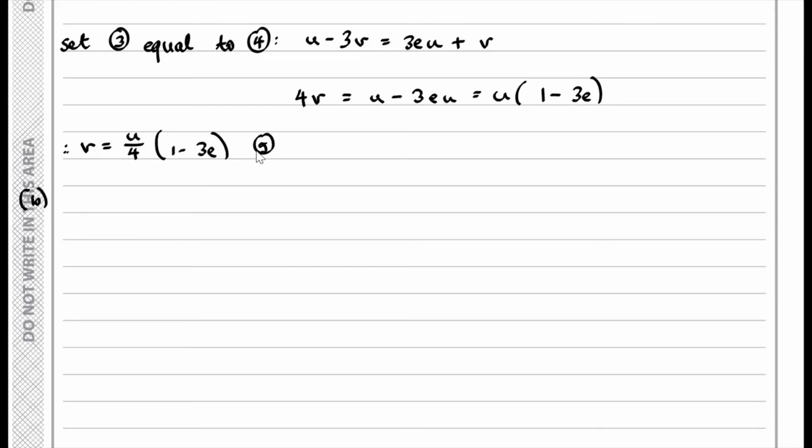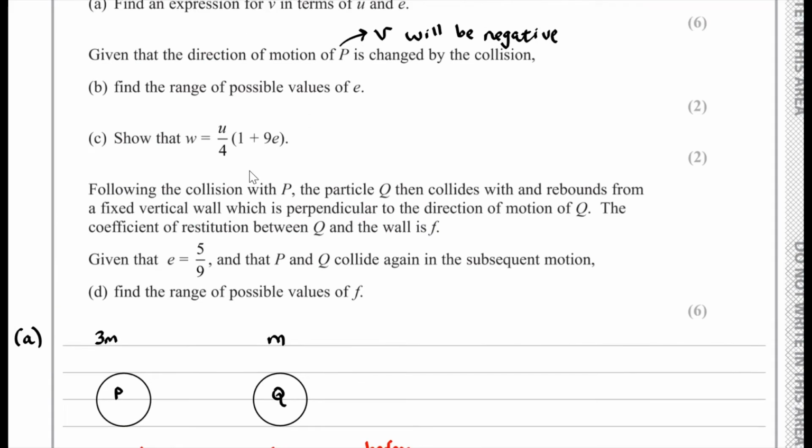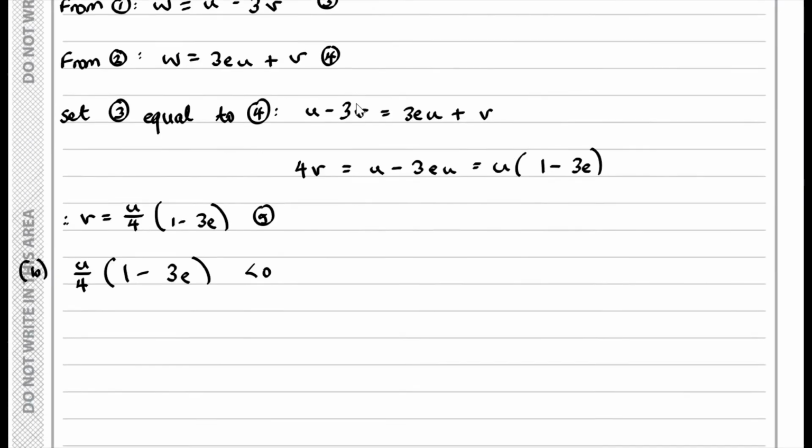If V is negative, we set this to be less than 0. So we have u over 4 lots of 1 minus 3e is less than 0. What we have to do in this part of the question is find a possible range of values for e.